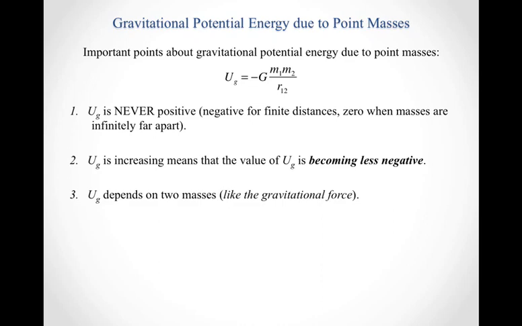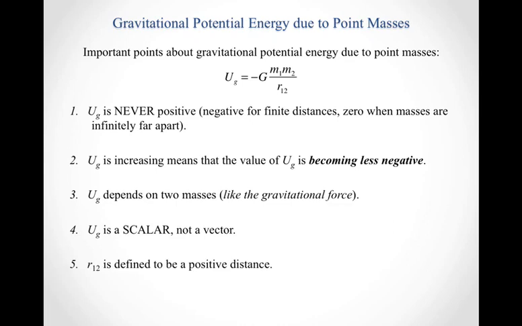3, gravitational potential energy depends on two masses, like the gravitational force. But unlike the gravitational force, it's a scalar, not a vector. And we'll see why that's a good development in a second. 5, R12 is defined to be a positive distance.